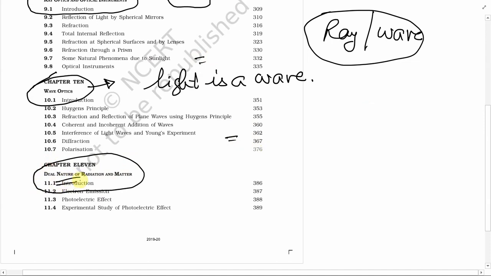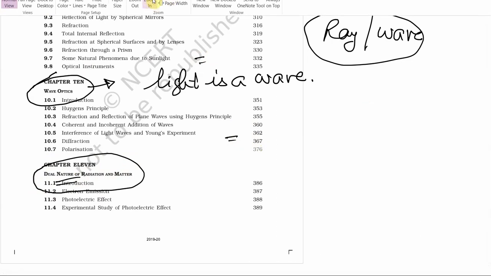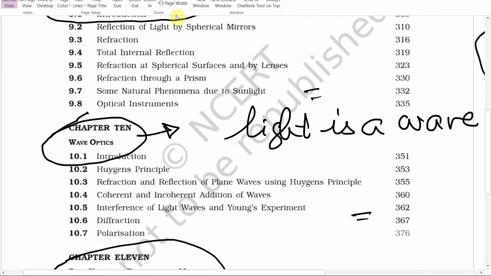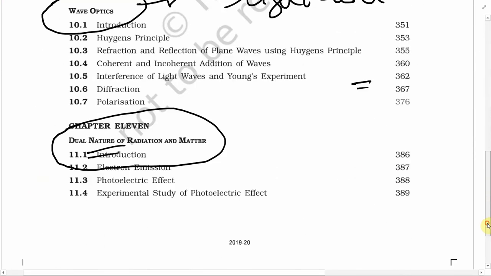Here you see the name of the chapter is dual nature of light. Let me zoom in. The next chapter says that light has a dual nature. But you see here, no term light is written. Here it is written as radiation. So radiation, light, electromagnetic waves, all are the same things, which we will come to know in the last chapter of the first book.